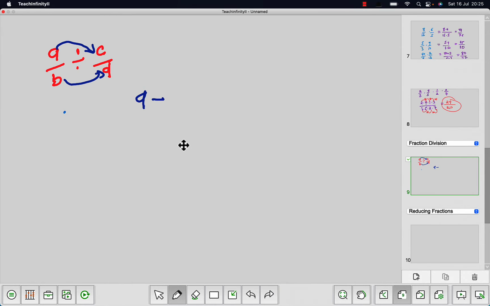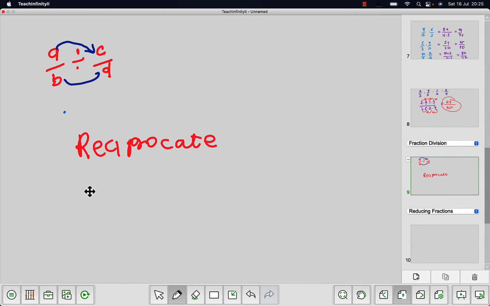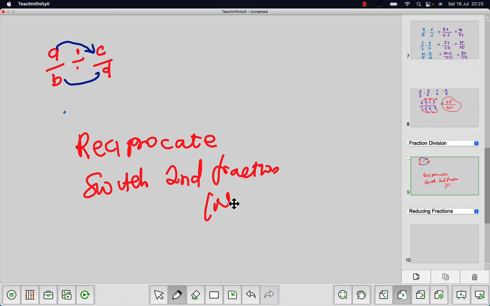So what we have to do is the concept of reciprocation. Reciprocation, in basic terms, means to switch the second fraction, okay? So switch the numerator and the denominator of the second fraction. Here we have a over b.